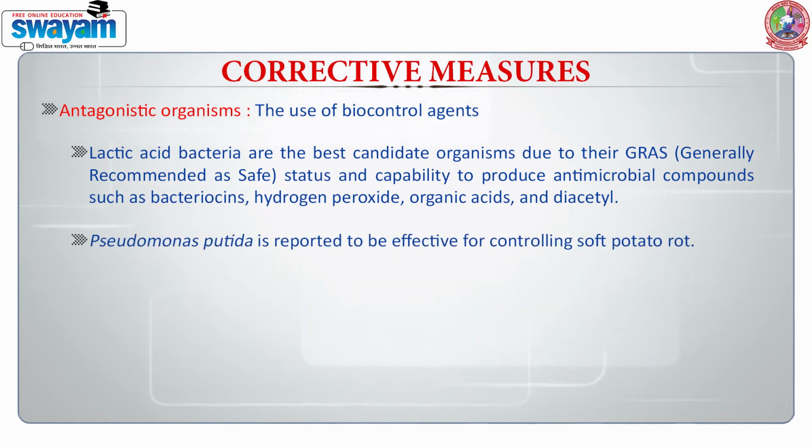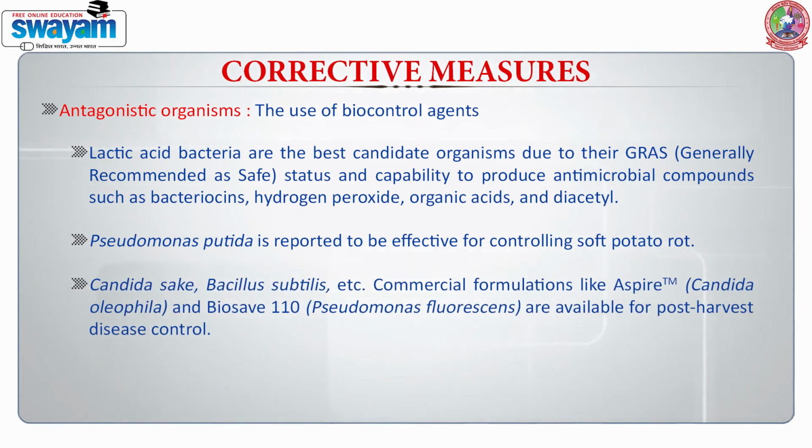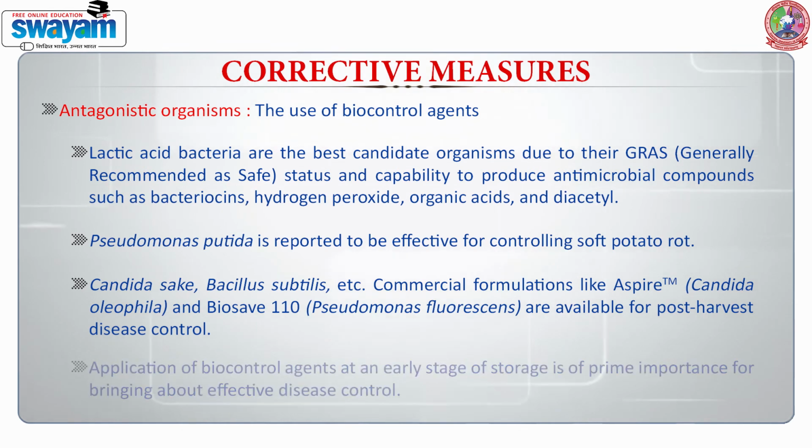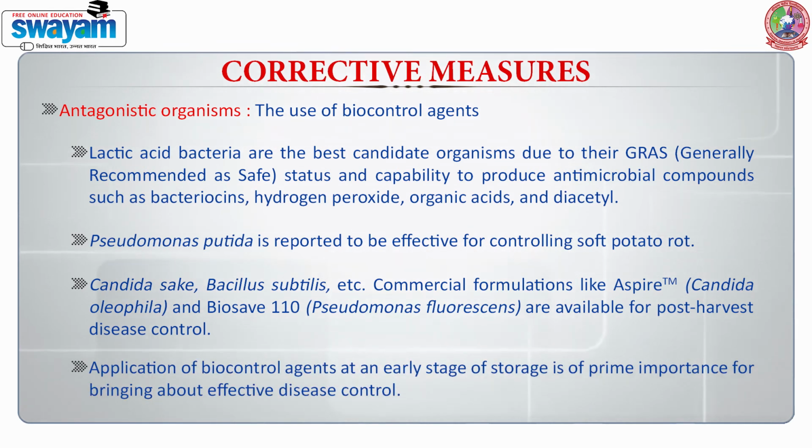Pseudomonas putida is also effective for controlling soft potato rot. Candida saké, a yeast, and Bacillus subtilis, a bacterium, their formulations are also being used as biocontrol agents, and these are available by various trade names in the market. These are all collectively helpful in reducing the post-harvest diseases of the fruits, vegetables and their products.